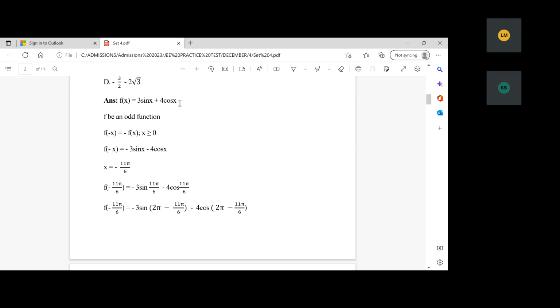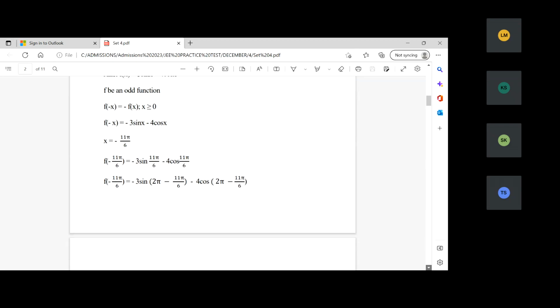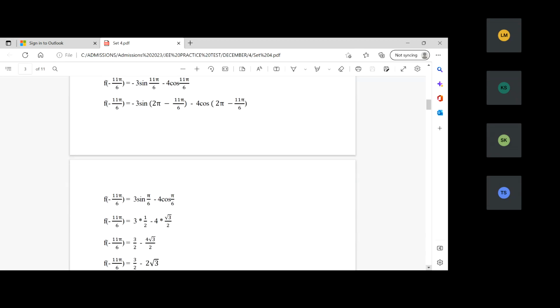And what is the x value that is given? It's minus 11 pi by 6. So substituting for x, f of minus 11 pi by 6 is equal to minus 3 sin 11 pi by 6 minus 4 cos 11 pi by 6. What will this value be? I can replace this as 2 pi minus 11 pi by 6.